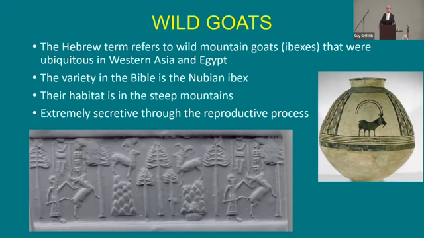In fact, it's only in recent years, in the 20th century, after 30 years of study, that they were able to document the reproductive process of these animals. In Israel, it took a team 30 years to study the biology of these animals, because they were so secretive. They are typically in the high crevices, in the steep mountains, inaccessible places, away from the predators.